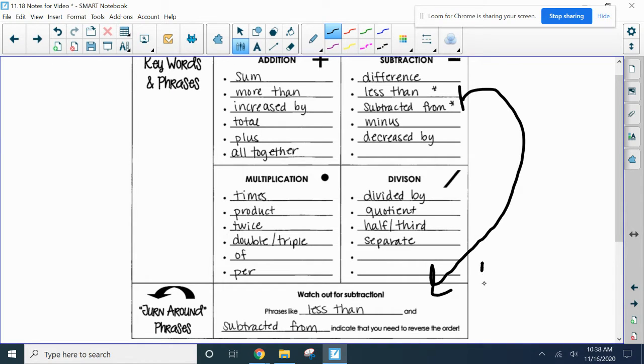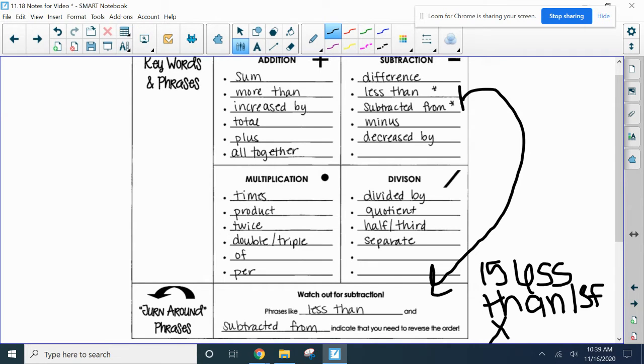So if you're saying 15 less than or subtracted from X, what that tells me is I have X or whatever number they give you, and I am taking 15 from that. So less than and subtracted from are going to be said in the reverse order because you are taking 15 less than, so you're taking 15 away from that X. 15 subtracted from, it's from that X. So it's going to be written in the reverse order.